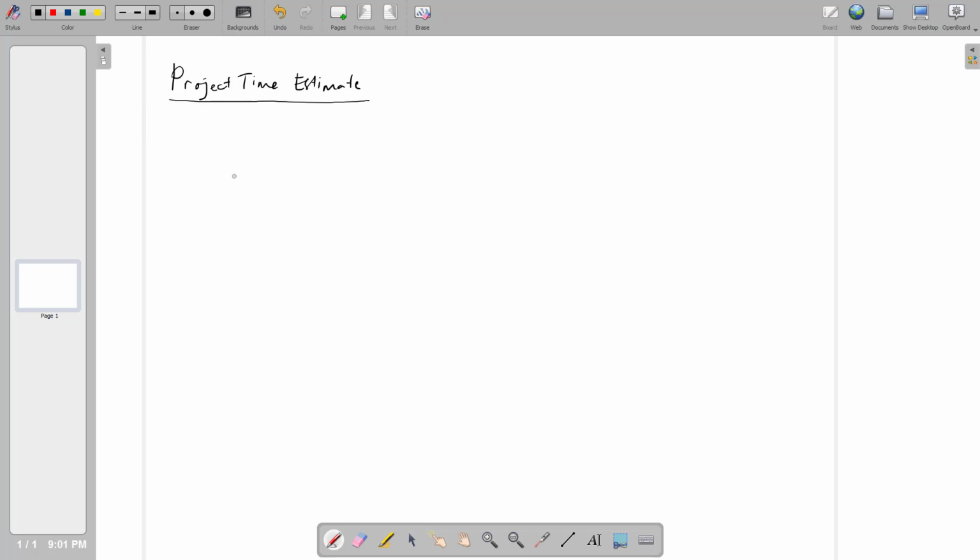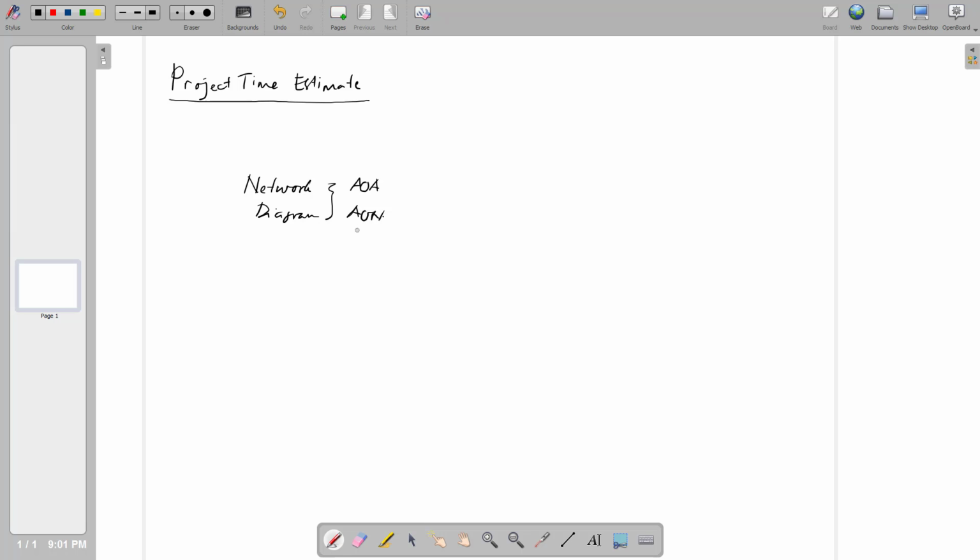Okay, before this you have been learning how to make a network diagram. You have learned how to make it based on the two logic approaches, AOA or AON.